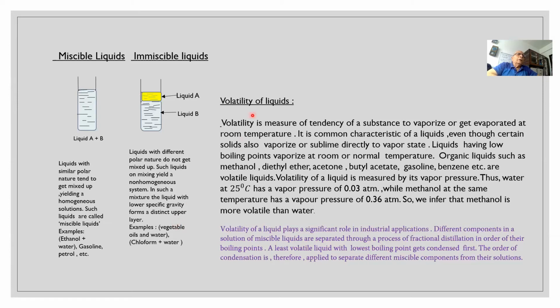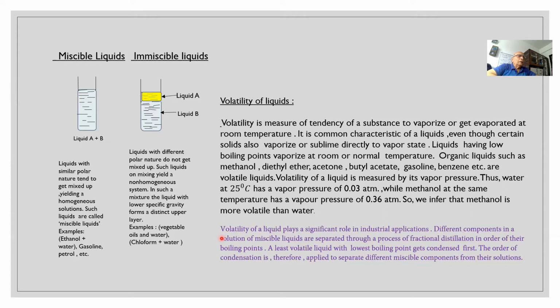So, the next property of a liquid is volatility. A liquid has a characteristic which makes it turn into gas even at room temperature. At room temperature, you need not boil it.